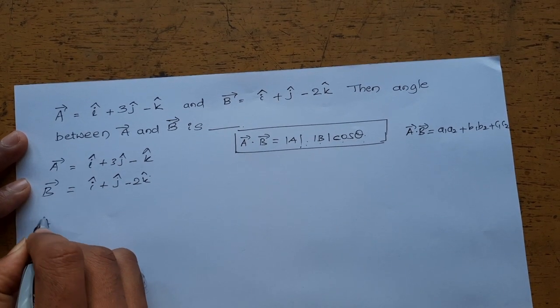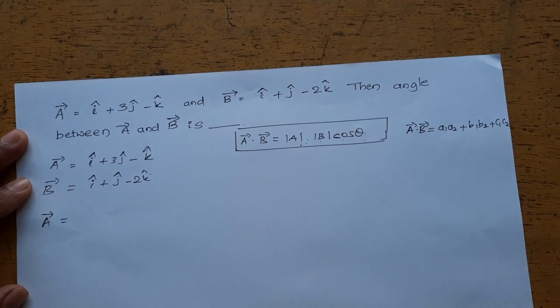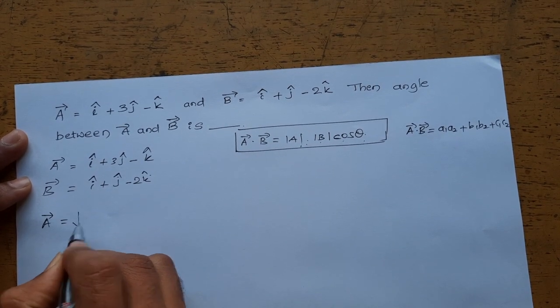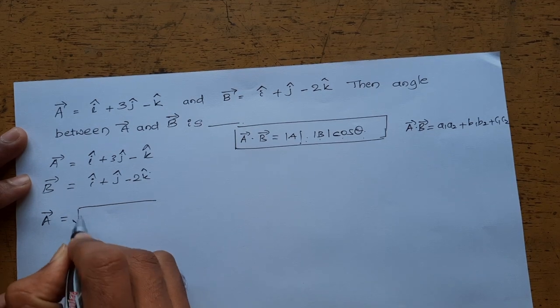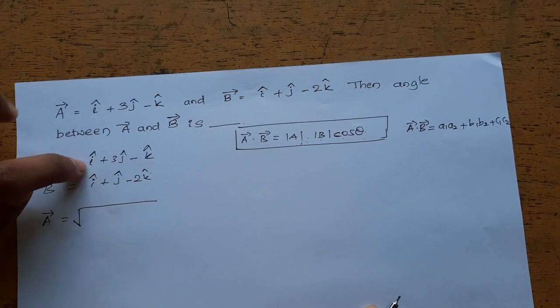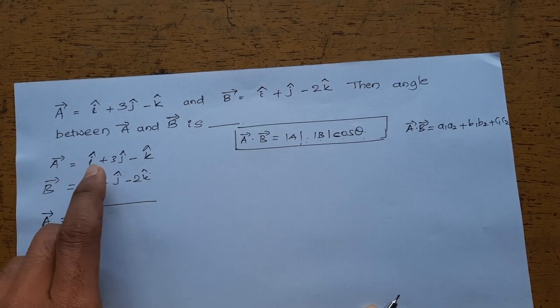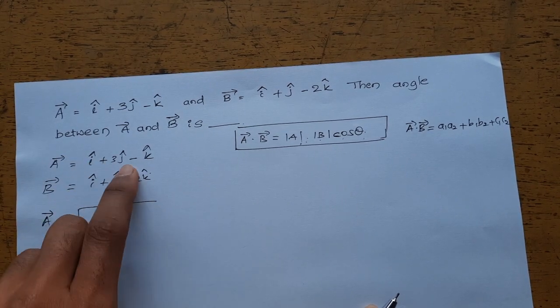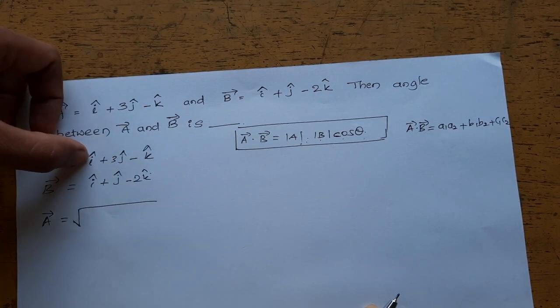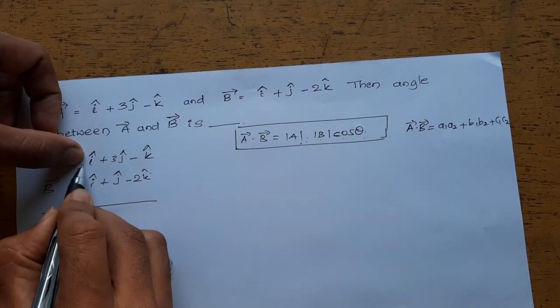If this is one vector, we want to find its magnitude. To find the magnitude, the formula is: under root, the square of the magnitudes of these unit vectors. Whatever number is there behind this i, behind this j, behind this k, we have to make its square. Here, for i, nothing is there, which means it is 1.